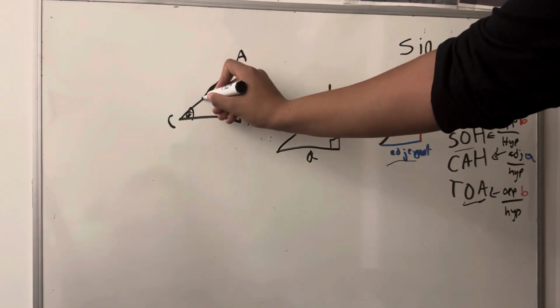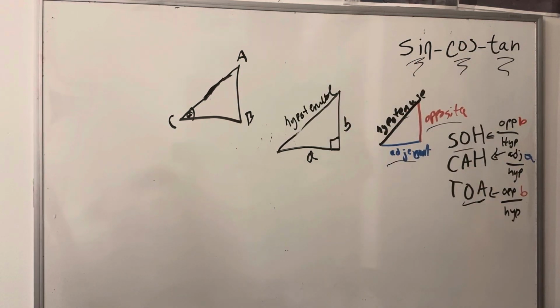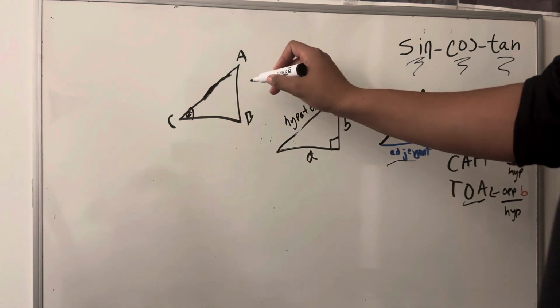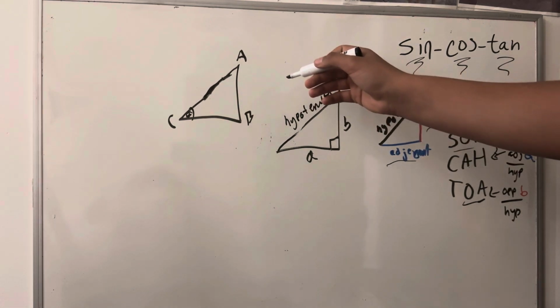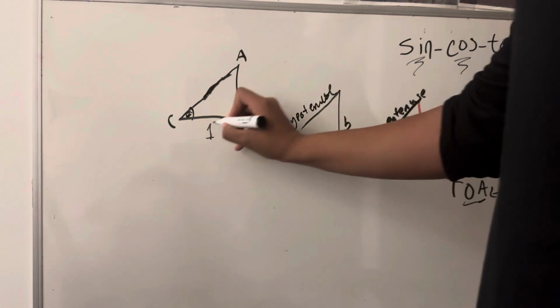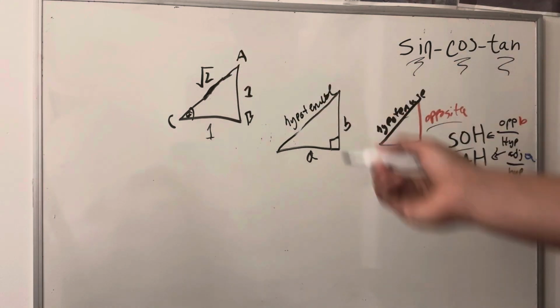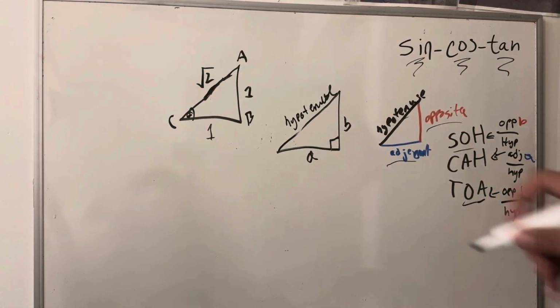I'm doing my best here to make it look neat. So this side, let's just say is 1, and we have square root 2, just a regular triangle.